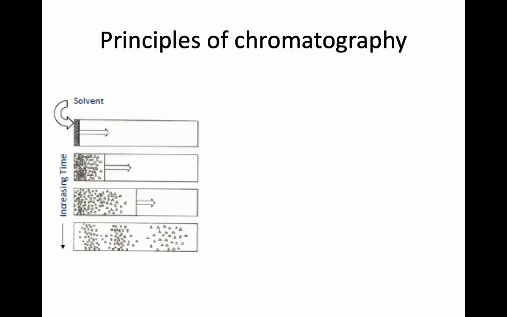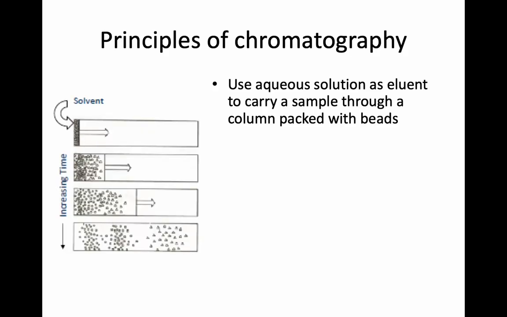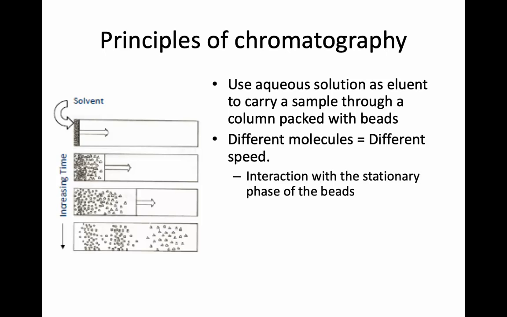from a mixture. So the idea of chromatography is that we use aqueous solutions as an eluent to basically carry a sample through a column that is packed with beads.